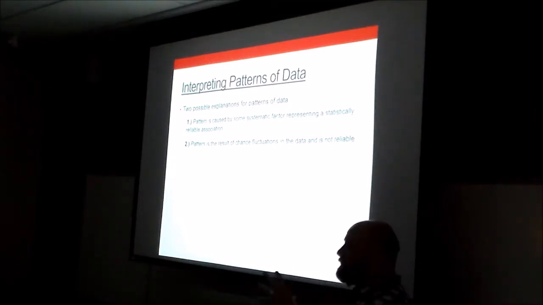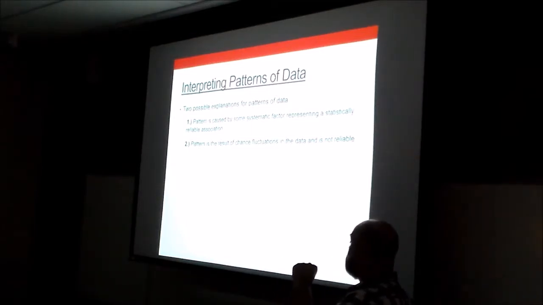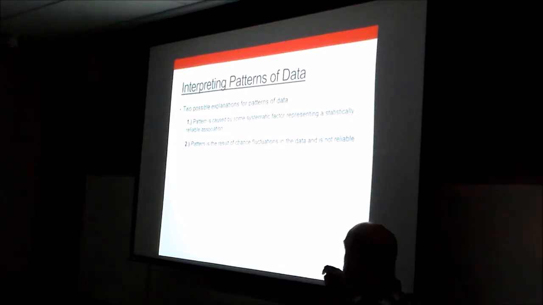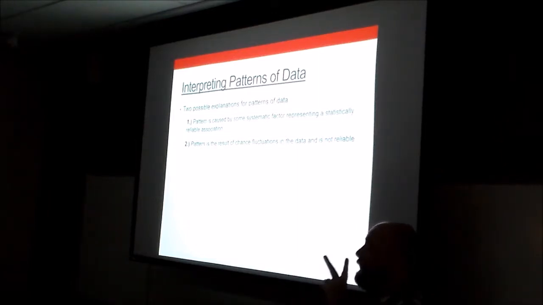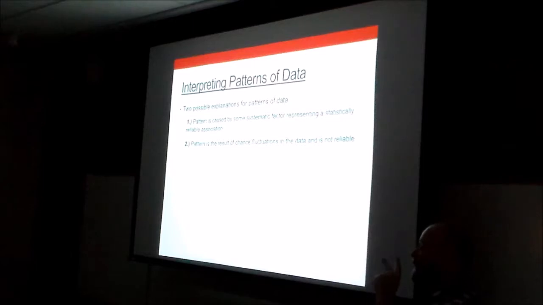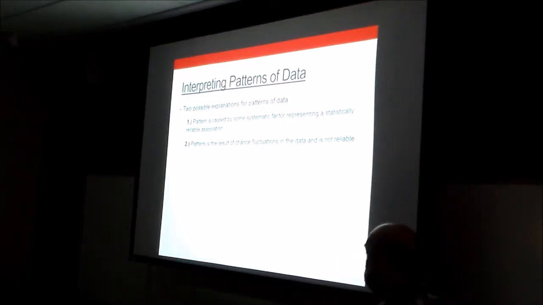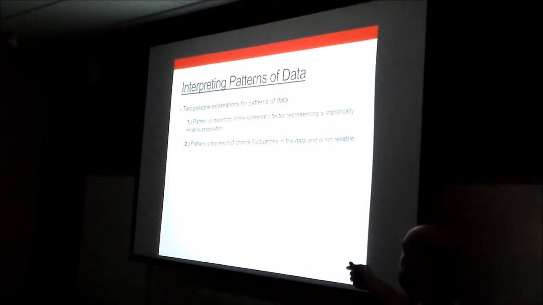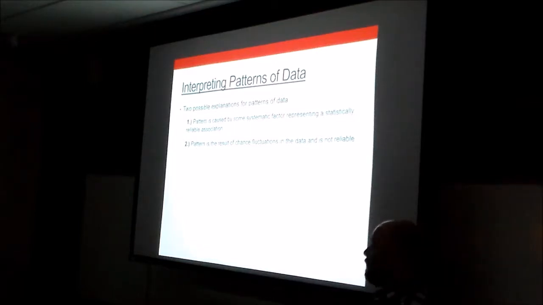And this is going to be important too. I want you guys to really make sure that you have a good handle on this. Anytime we see patterns of data, there are two different explanations, and it's really hard to tease apart which one we've got. One, some systematic factor is causing X and Y to be related, or group A and group B to be different from one another. So we've got a real effect, or this is just chance fluctuation, right?